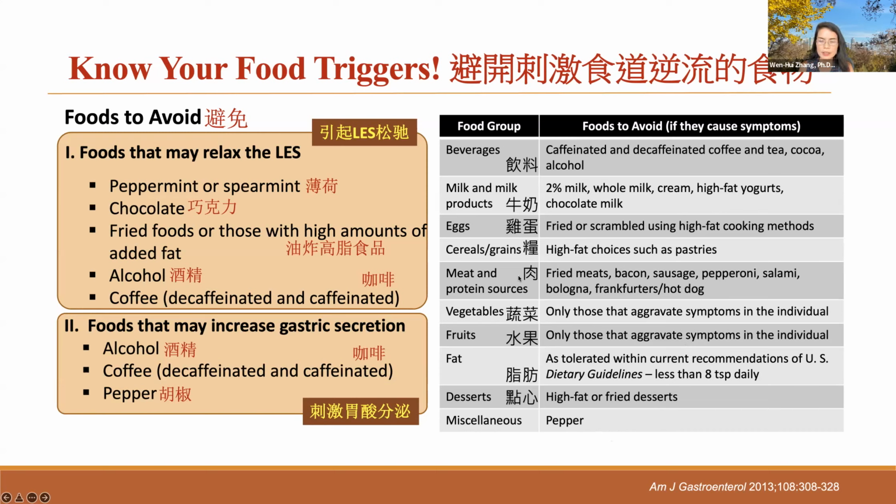Each individual is different, but they need to go through that list to know which foods may be the triggers. Some people, it could be just caffeinated drinks, and some people could be milk. Milk could be a trigger, and eggs, meat, even some vegetables and fruits.